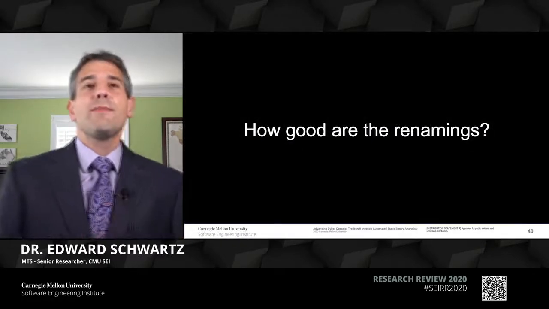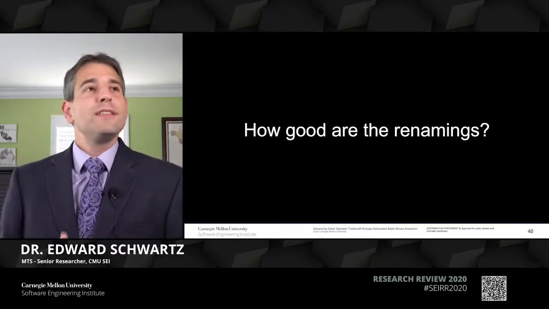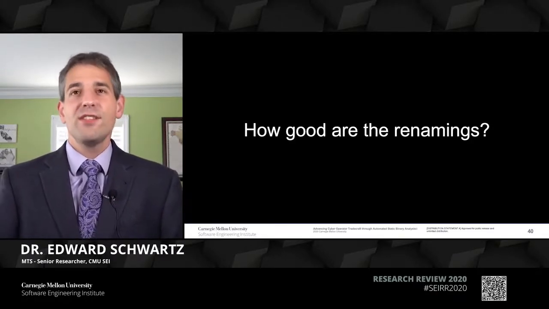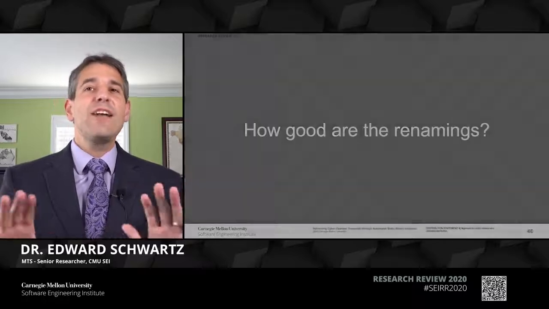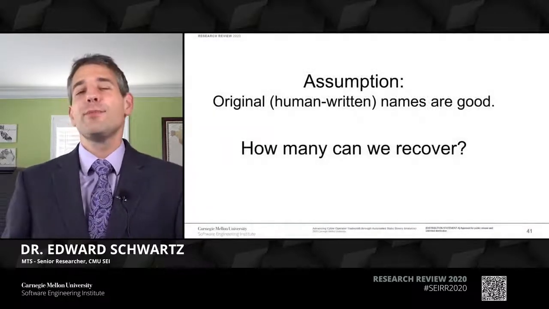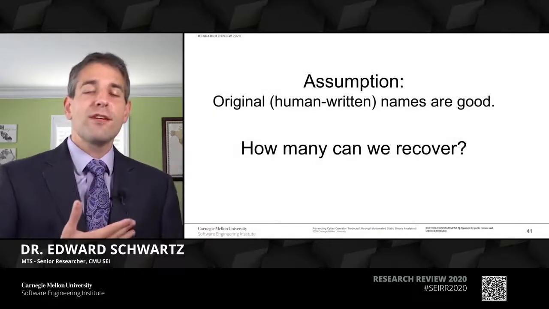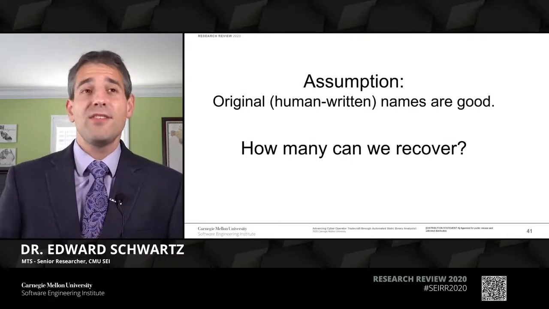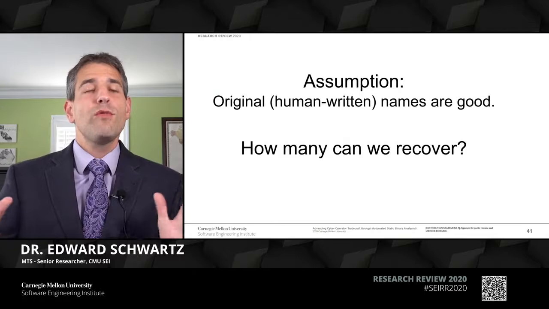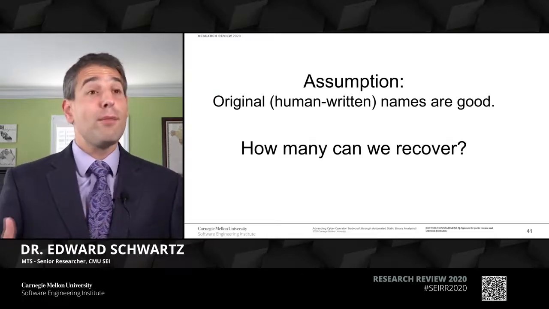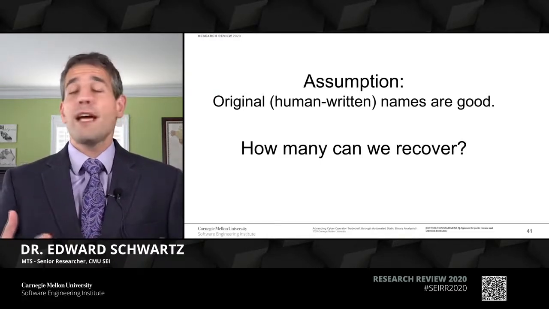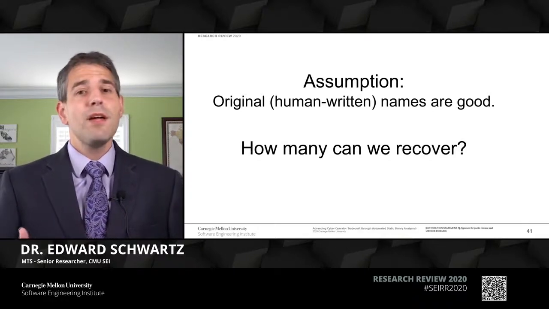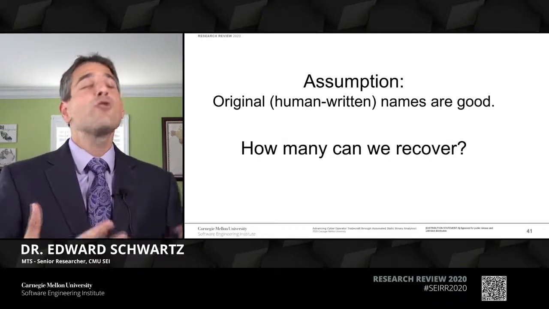So that's a little bit about how we actually do the learning, but what everyone wants to know is how well are we actually able to recover these names? And answering that question is actually a little bit difficult because what I think of as a good variable name and what you think of as a good variable name might not be the same thing. And so to avoid that whole subjectivity problem, we made an assumption that most of the time programmers give a variable a name, they think about it and they try to give it a good name.